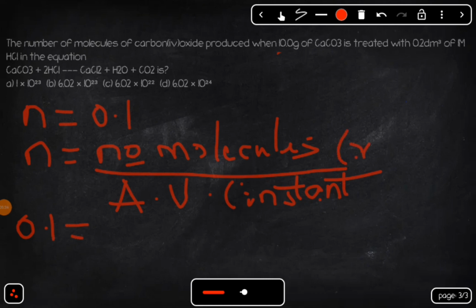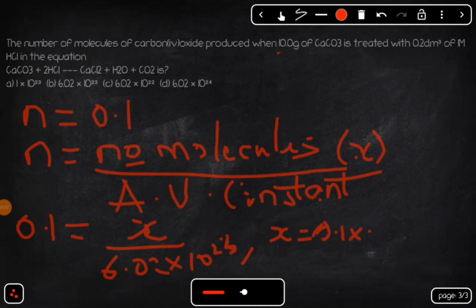So x is then going to be equal to 0.1 times 6.02 times 10 raised to power 23.